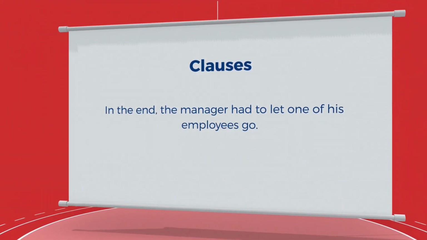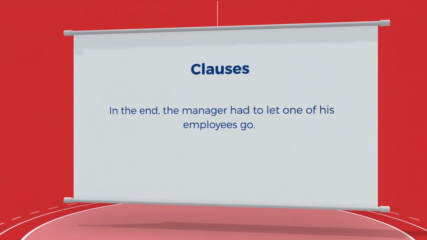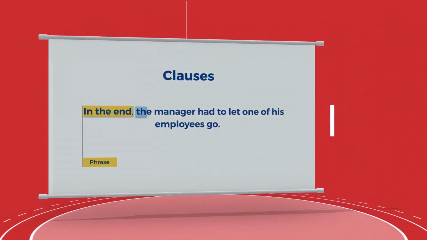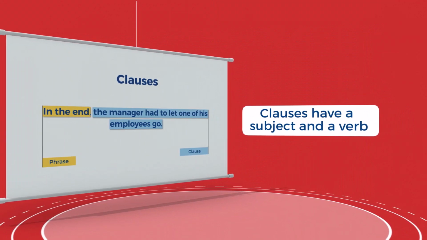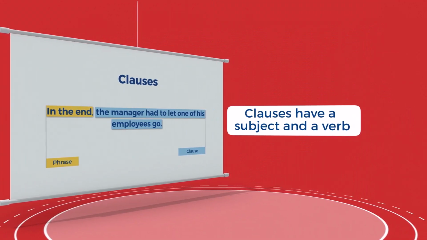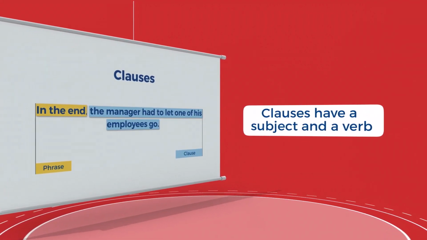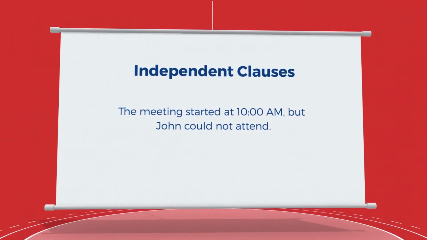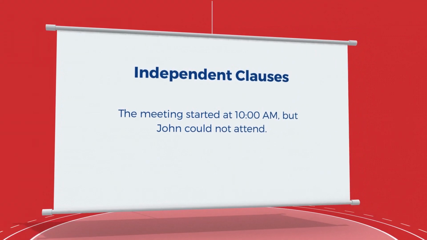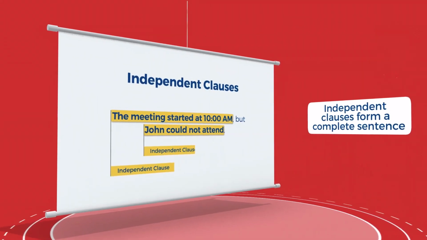On to clauses now. Do you know how they're different from phrases? Clauses have a subject and a verb, whereas phrases lack either a subject or a verb, or both. An independent clause, also known as a main clause, can stand alone as a full sentence.